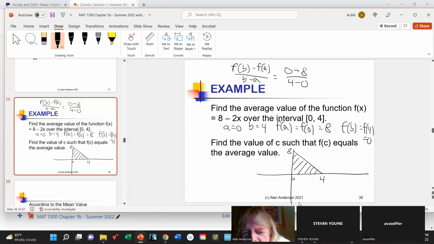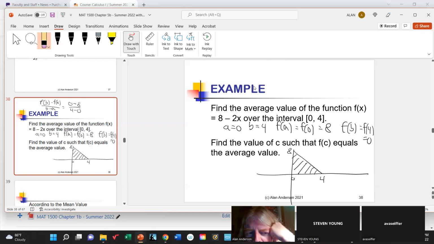See, if A is 0, B is 4, f of A is 8. Oh, it's got a negative. Oh, that is surprising. All right, well, let's just stick with the definition that we have here.